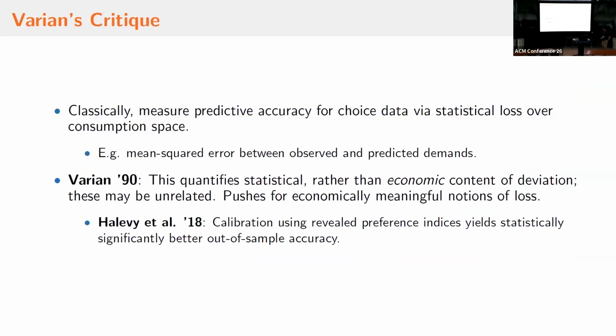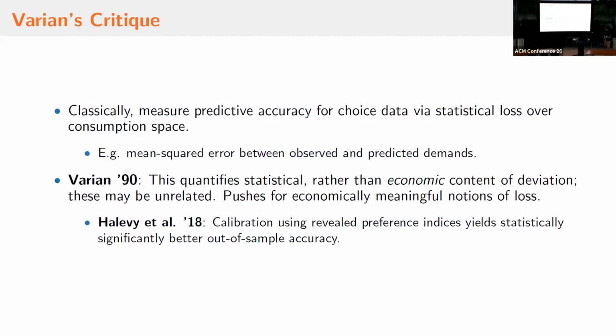Now, classically, the way this exercise has been carried out, let's say for the sake of conversation I was interested in figuring out how well a subject's preference is approximated by, say, a Cobb-Douglas utility function. What I might have done would be go out, gather some price and consumption data, scanner data perhaps, and I would try and measure, say, the mean squared error between the predicted and observed demands as I vary the choice of fitting Cobb-Douglas parameter.